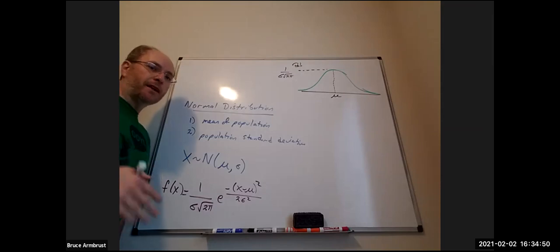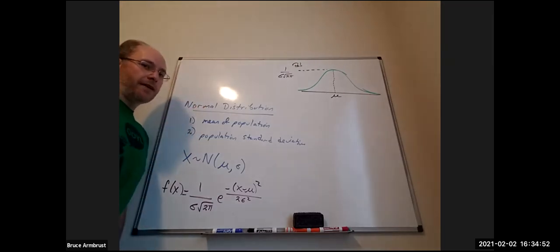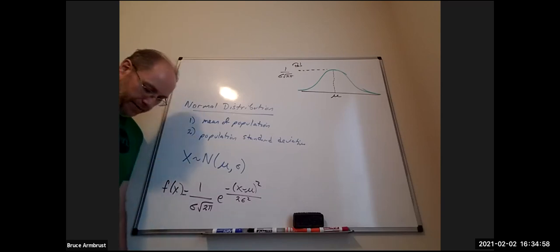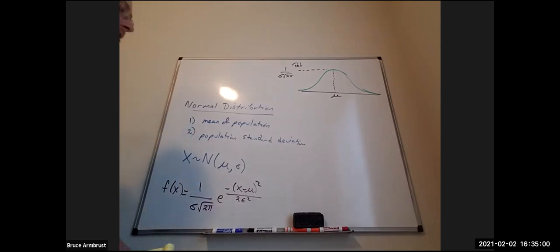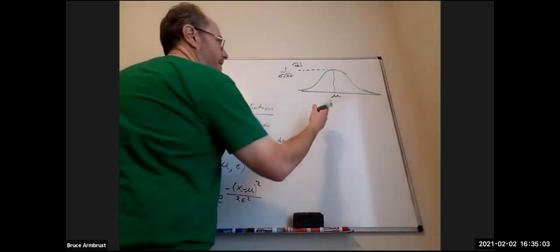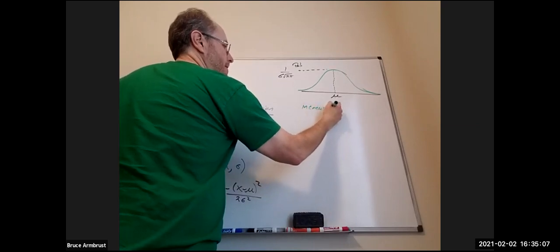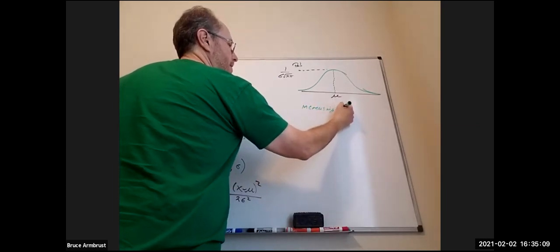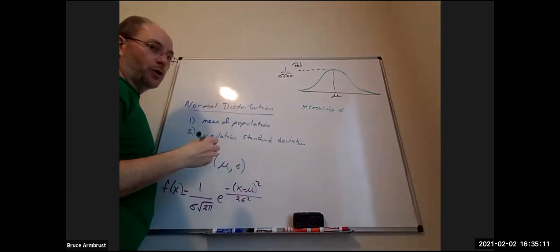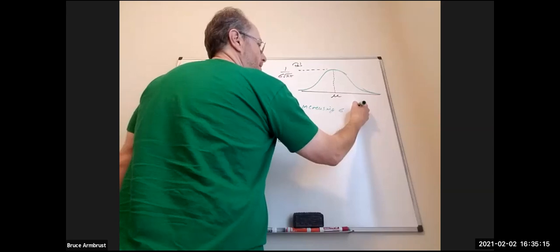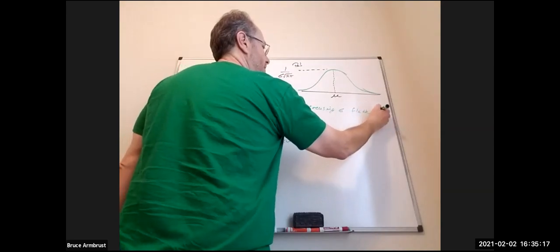All right, so let's talk about what happens to this graph when you fiddle with sigma and you fiddle with mu and all that good stuff. Well, if sigma increases, so increasing the standard deviation, it flattens the bell.